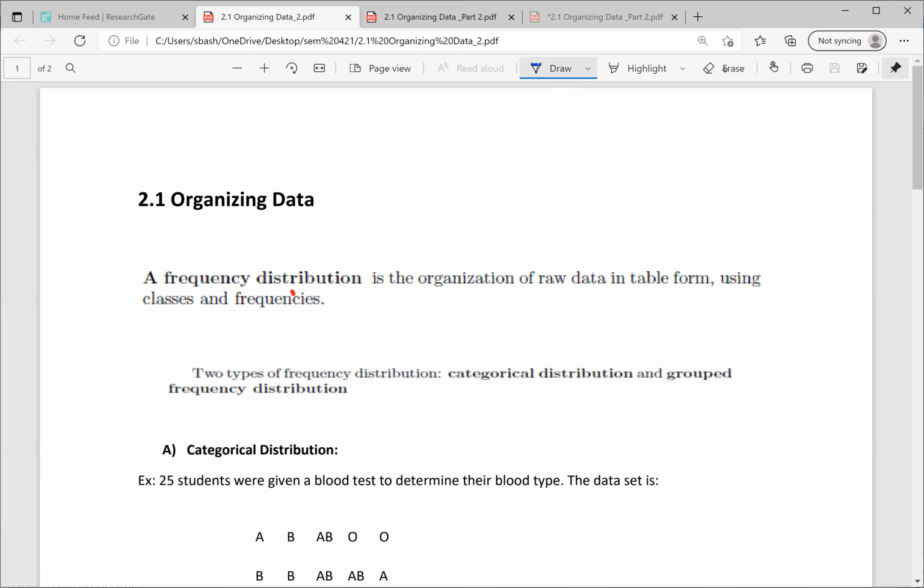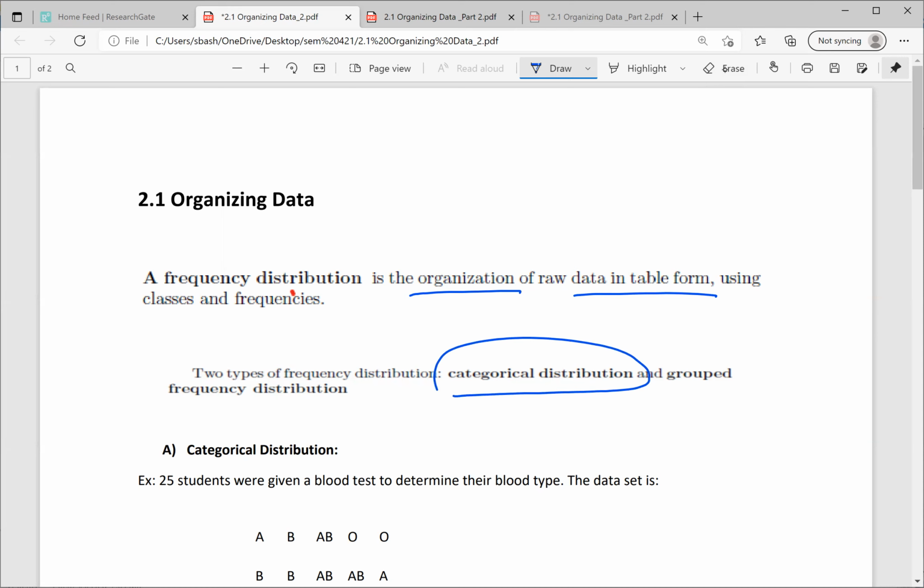So the frequency distribution is putting raw data in table form, and that table contains the classes and frequencies. And we have two types of frequency distributions. The first one is called the categorical distribution, where the variables are categories.